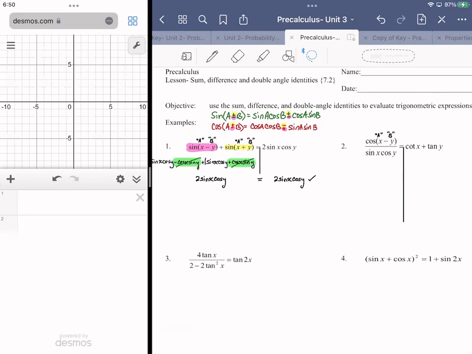So I'm looking at the purple variant of the cosine relationship, right? So cosine of a minus b is going to be cosine a cosine b plus sine a sine b.